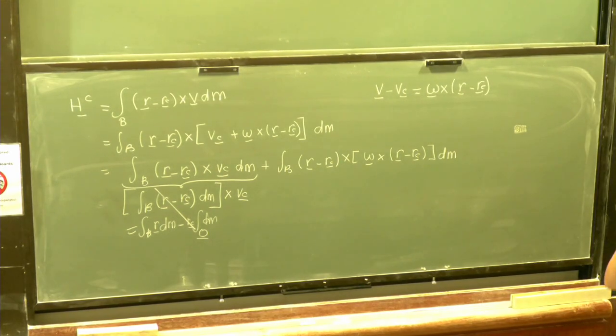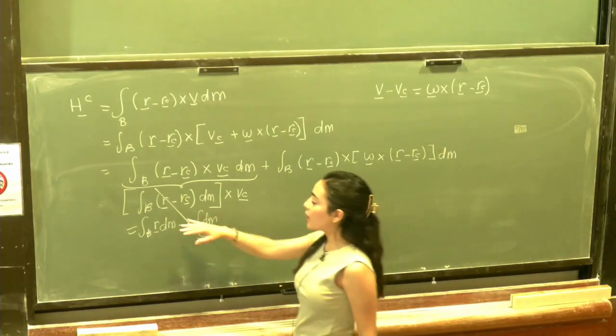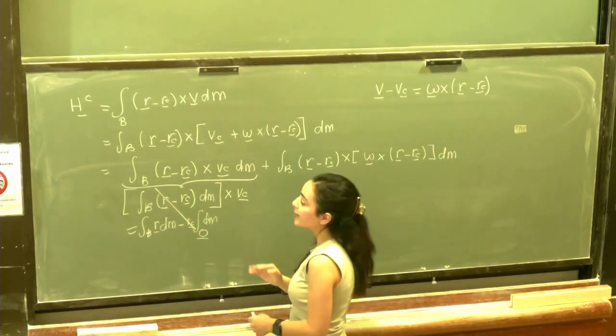Any questions? Just make sure your neighbor understands this, is okay with this. All good? No? What's the issue? Is it why this term is 0? Okay, so first of all, I had this term, right?